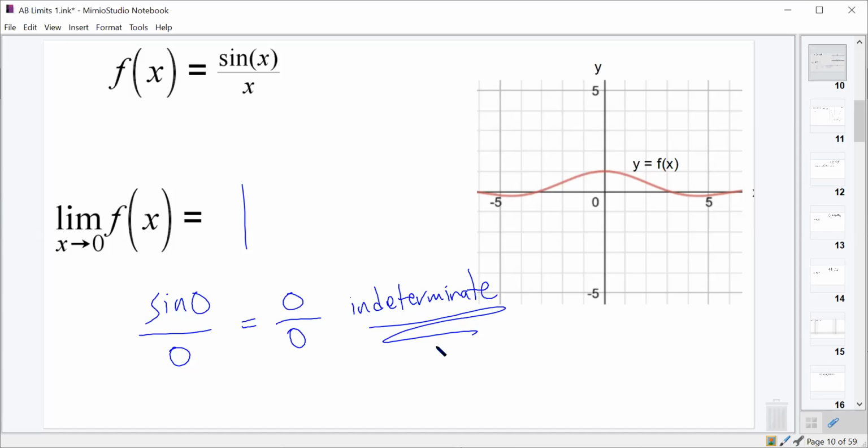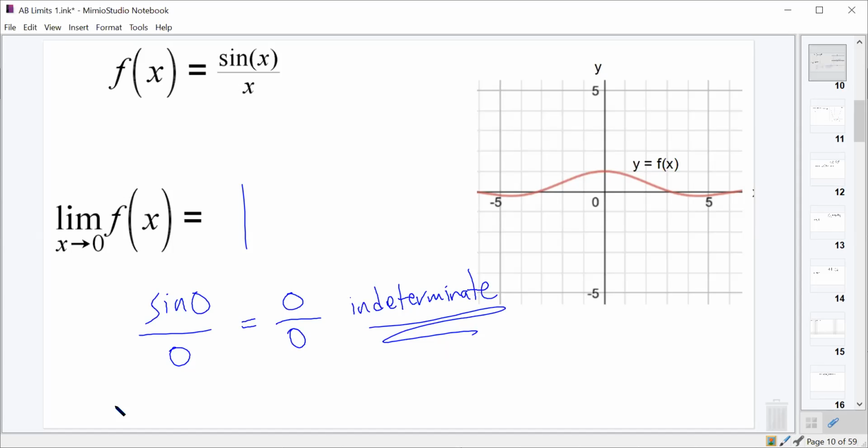Whenever you try to plug in a value into your function to find a limit and you get 0 over 0, you get indeterminate, you have to do more work. You have to do something to simplify that function, something to get around that 0 over 0 to prove that limit.